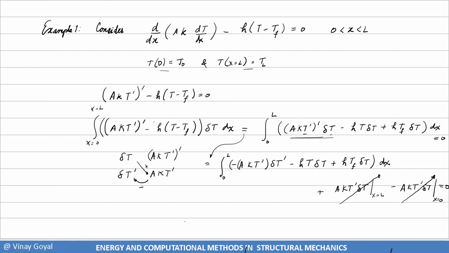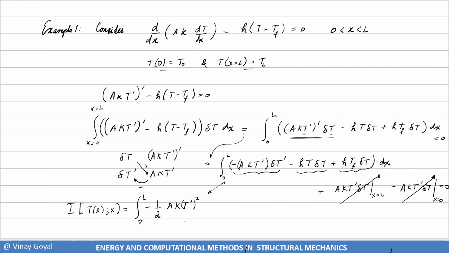If I want to construct a quadratic functional, all I have to do is examine this term and that term. For me to get what I have there, I must have a functional that looks like this: I(T) equals the integral from x equals 0 to L. Clearly I have a minus 1/2 A k T prime, and this right here should be squared; that's the only way for me to go from here to here.